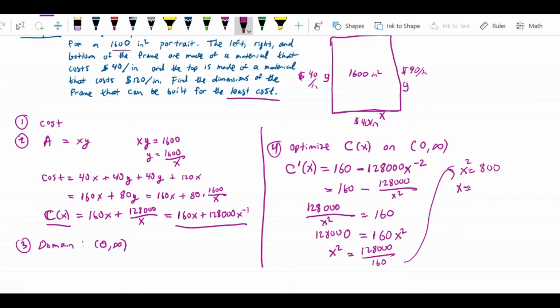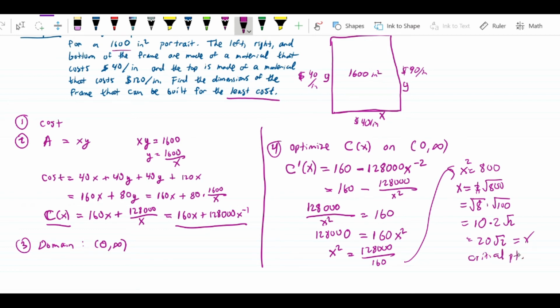That gives us x is equal to plus or minus the square root of 800. We don't need the negative value because we already know the domain is just the positive numbers, so I'm going to disregard that negative sign. The square root of 800 is the square root of 8 times the square root of 100. The square root of 100 is 10, and the square root of 8 is 2 root 2, so that's going to be 20 root 2. This is the critical point.